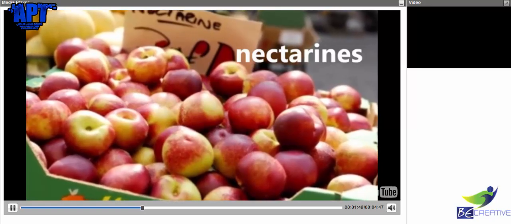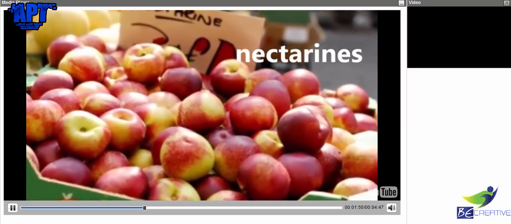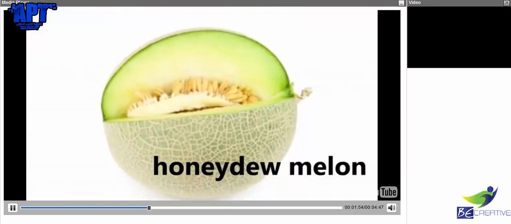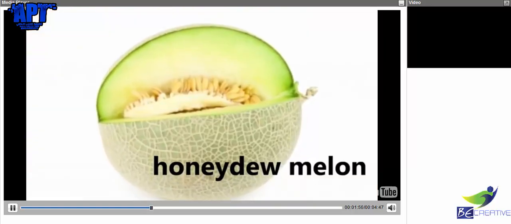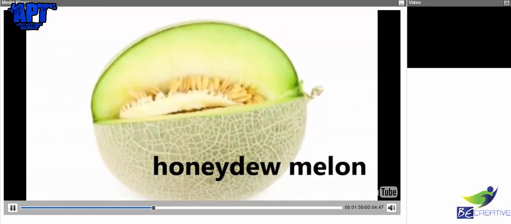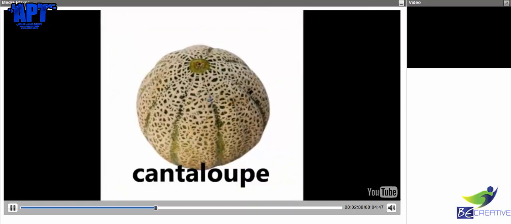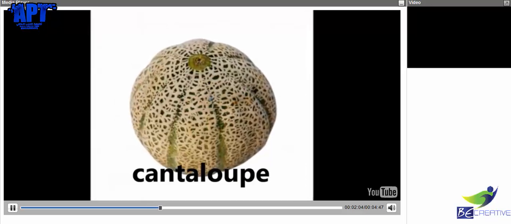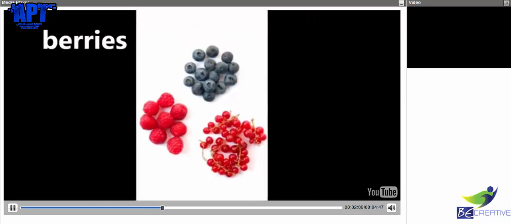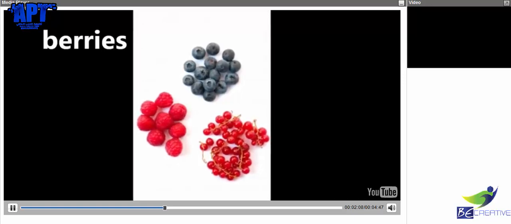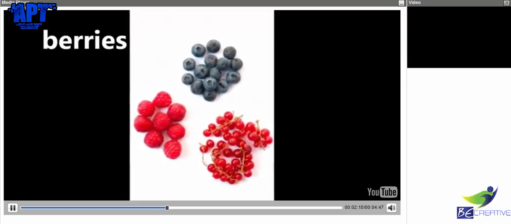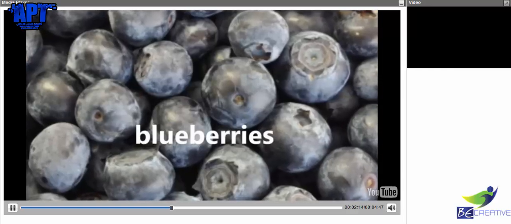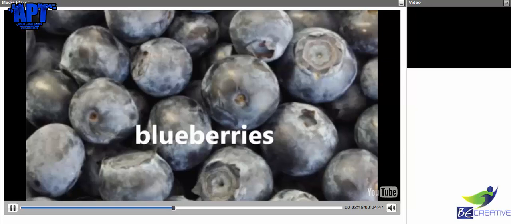Nectarines, nectarines. Honeydew melon, honeydew melon. Cantaloupe, cantaloupe. Berries, berries. Blueberries, blueberries.